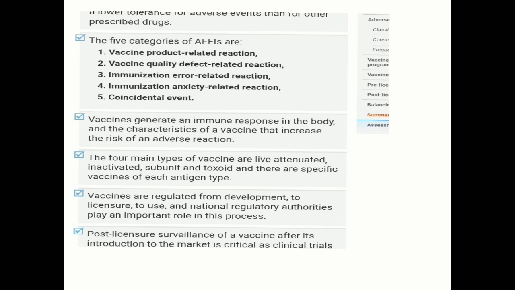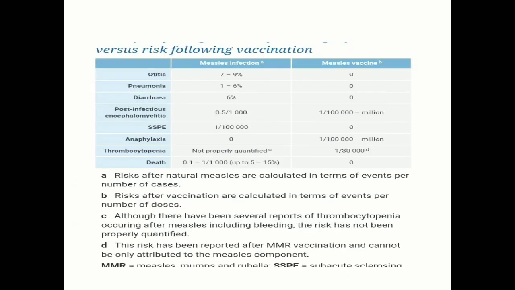The vaccine product related event following immunization is due to the inherent property of the vaccine. For example, and this is also most common, the fever or the swelling or the redness, these are vaccine product related reactions, and this occurs with every vaccine and it is self-limiting. So the main thing is the patient should be counseled about the importance of the vaccination rather than acquiring the infection.